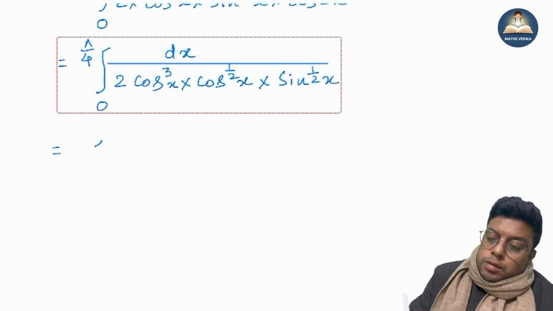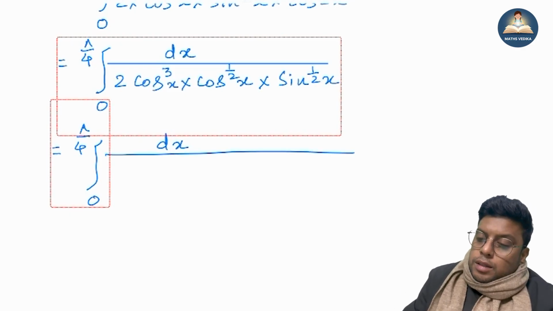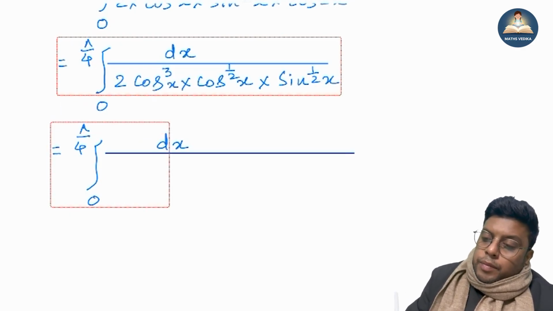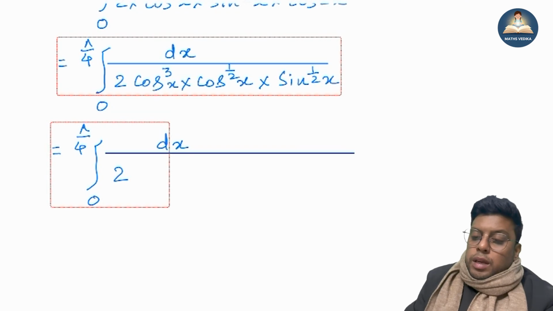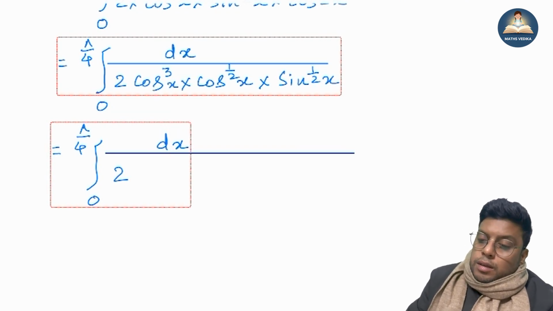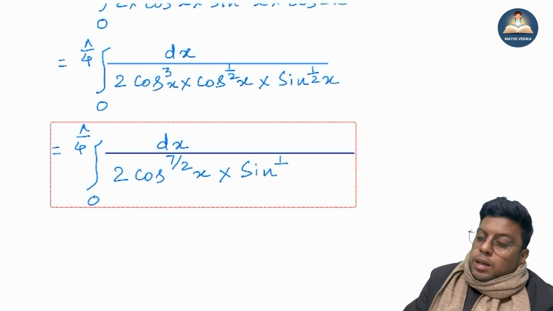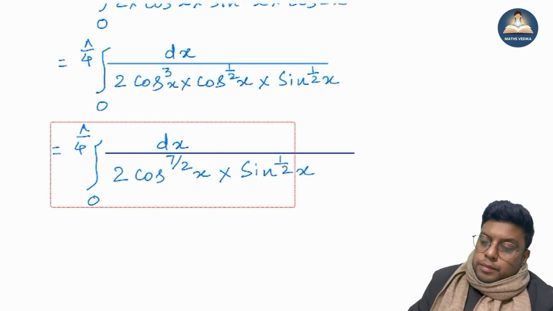which is equal to integration from 0 to pi by 4, dx divided by 2, and cos cube x into cos half x will be equal to cos 7 by 2 x into sine half x.